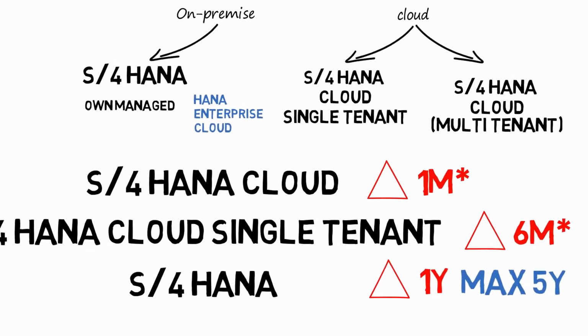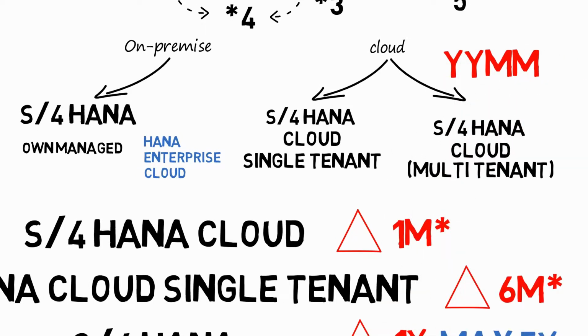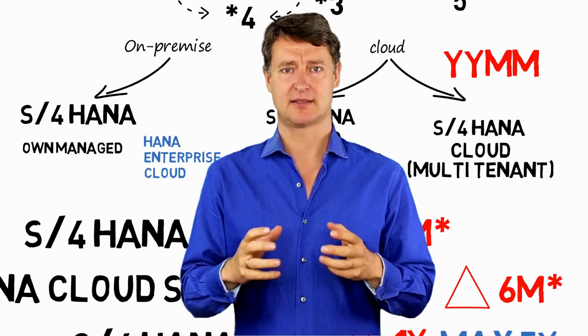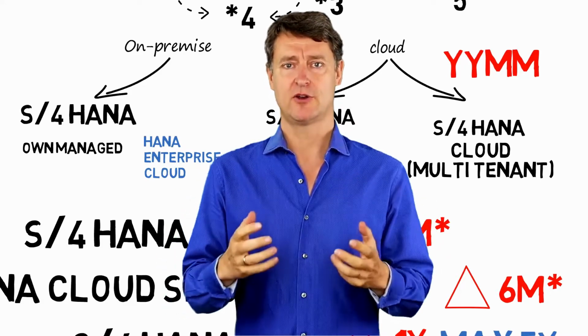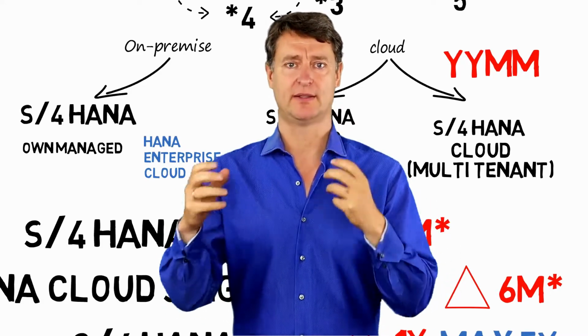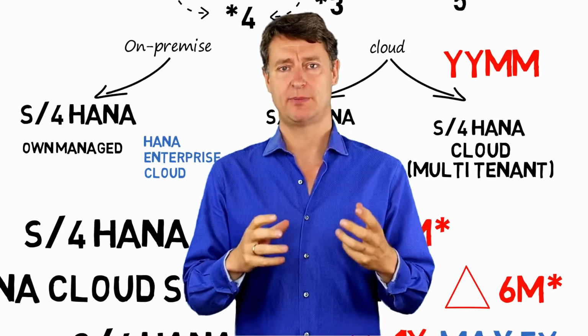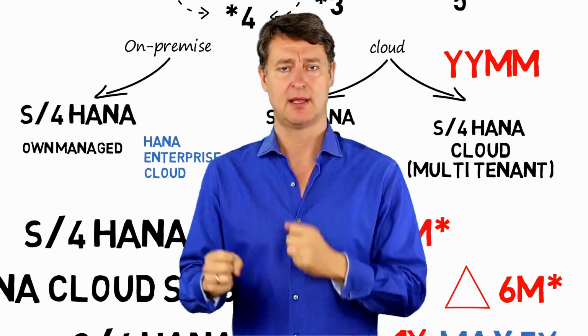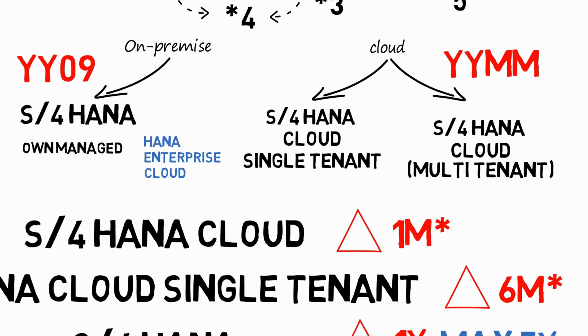The naming convention of the S4HANA systems is year, month. So when SAP releases a version in January, for example in 2020, the version will be the 2001 release. But on the other hand, for the on-premise version, SAP releases only once a year, and SAP releases the system in September of that year. So for example, in 2020, it will be the version 2009.